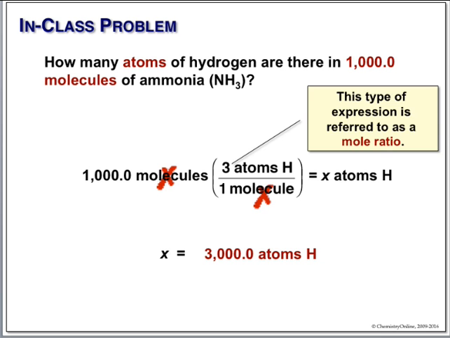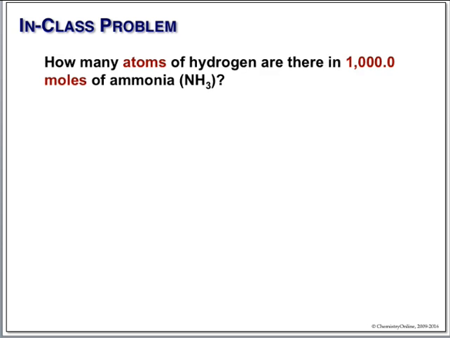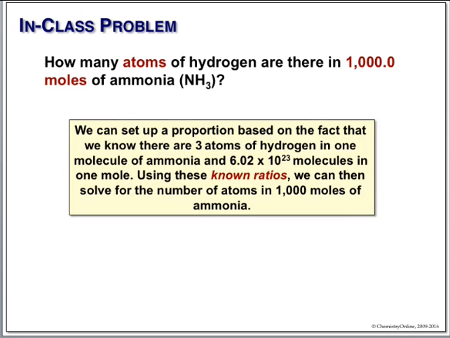Now let's do the same problem here in terms of moles. How many atoms of hydrogen in 1,000 moles of ammonia? Exactly the same procedure, except that we know that there are 6.02 times 10 to the 23rd molecules in a mole.